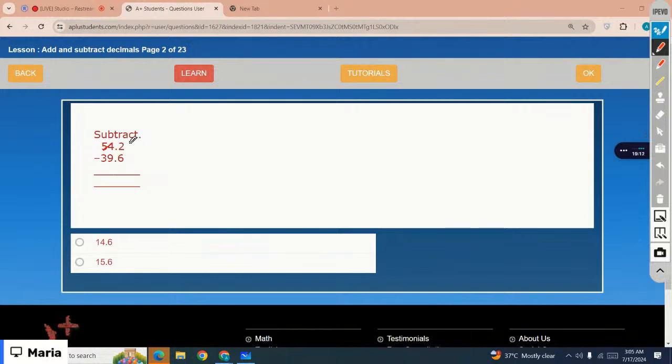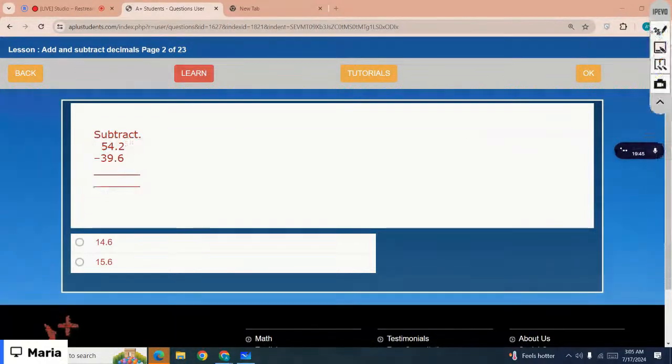So you need to borrow 1 from here. That makes 12 here. 12 minus 6 is 6. Then you have 3 take away 9. You cannot subtract again, right? So you need to borrow 1. You have 13 here. 13 minus 9 is 4 and 4 minus 3 is 1. That is 14.6. Option number 1 is the correct option. Got it?